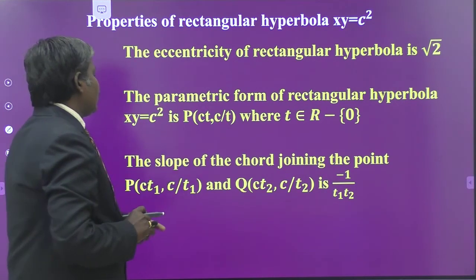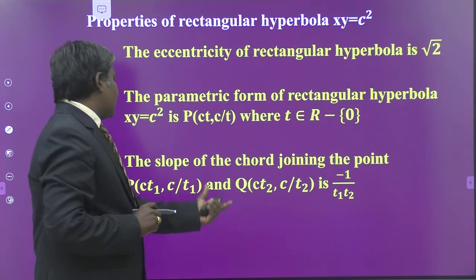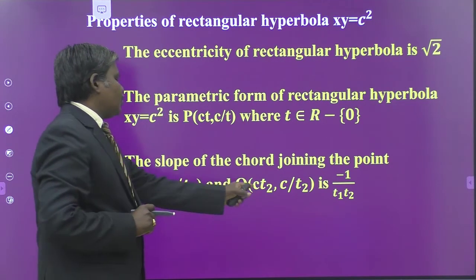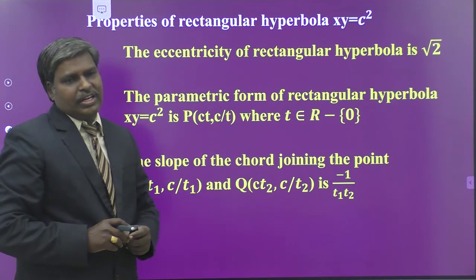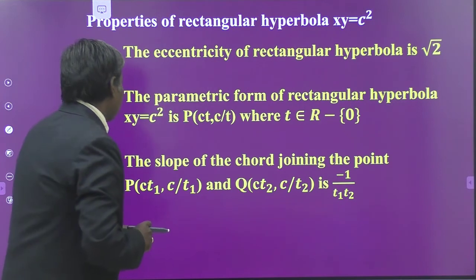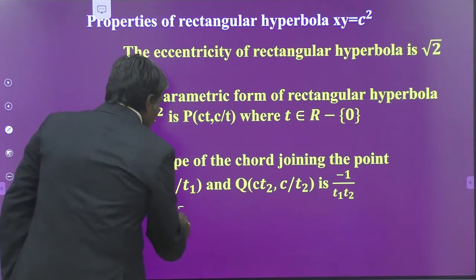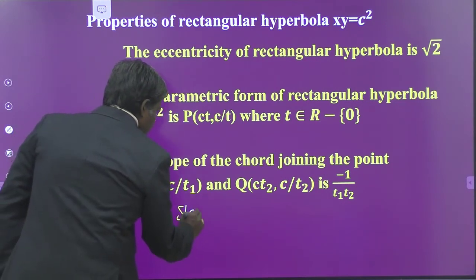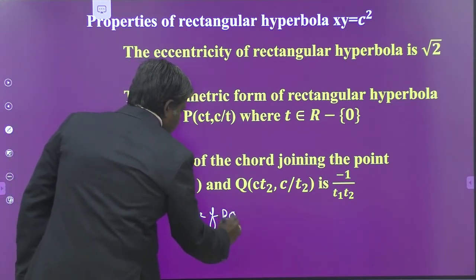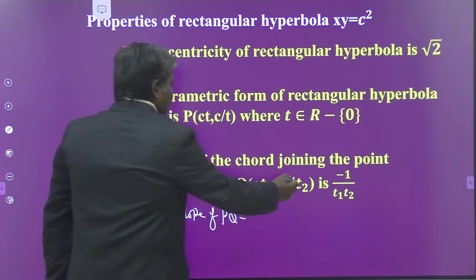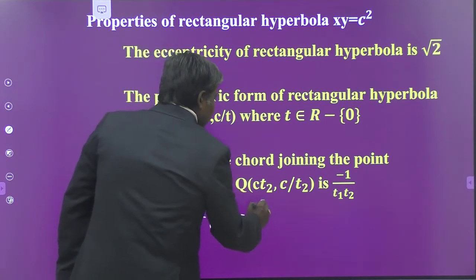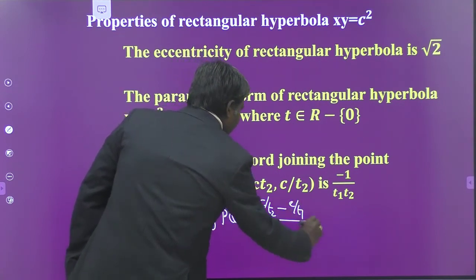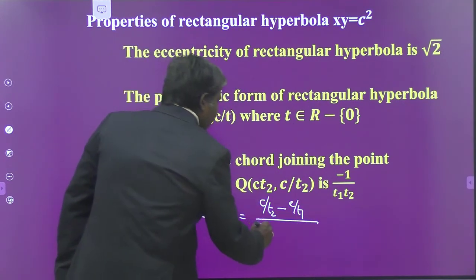The slope of the chord joining any two points on the rectangular hyperbola xy equal to c square, that is P of t1 and Q of t2, is minus 1 by t1 t2. This is also a simple property. You can write the slope of PQ is nothing but y2 minus y1 by x2 minus x1. That is c by t2 minus c by t1 by ct2 minus ct1.